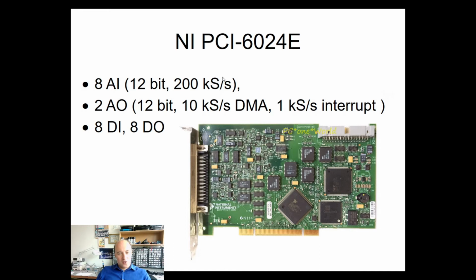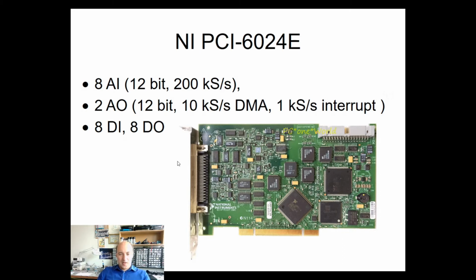So in the lab, the computers are equipped with a card that allows us to sample the signals from some analog pins, and we can also output some output data as analog voltages. The type of the card that we are using is PCI 6024E. It's a card made by a company, National Instruments, and the card looks like this.